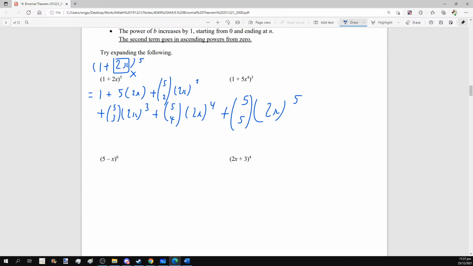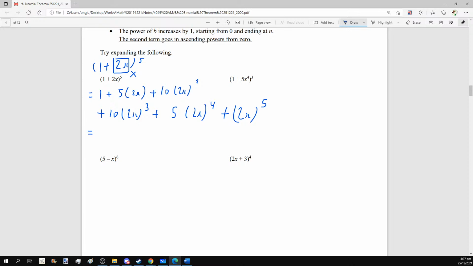Of course, from here, if you are familiar with Pascal's triangle, you should remember the special numbers will actually be 1, 5, 10, 10, 5, 1, and therefore we have the following result instead. 1, 5, 10, 10, 5, 1. Like this.